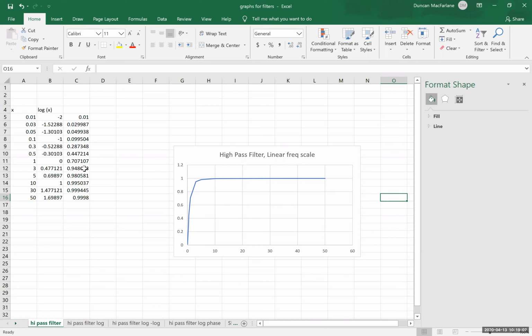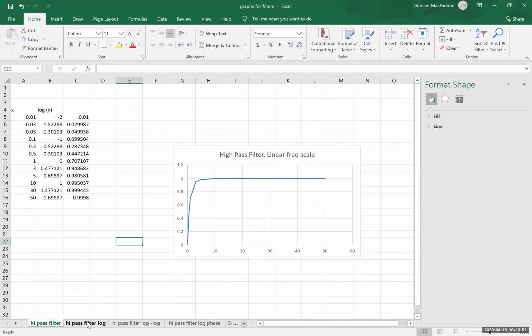And so what I did in this column here is I'm plotting the log of those frequencies. And I'm doing something that's kind of interesting. Notice that I'm doing 1, 3, 5, 1, 3, 5, 1, 3, 5. It turns out that if I do 1, 3, 5, 1, 3, 5, I get points in the log scale that are about equally spaced. And so here what I have are the log of those frequencies.